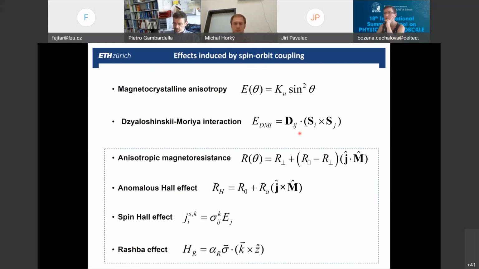It's important to establish magnetic damping. And it's also important in transport effects because spin-orbit coupling is at the origin of the anisotropic magnetoresistance, the different types of Hall effects, as well as the so-called Rashba-Edelstein effect.